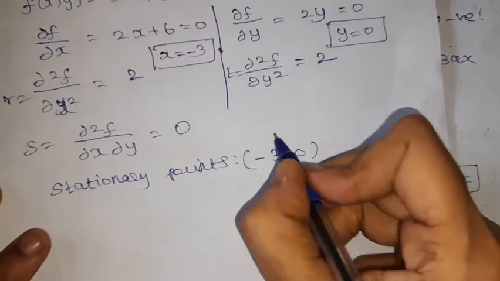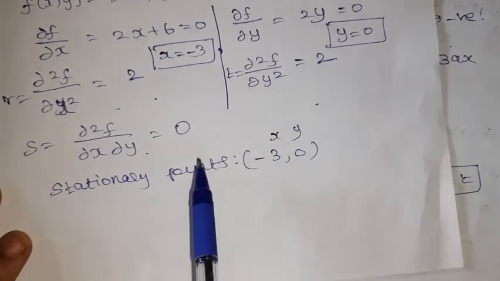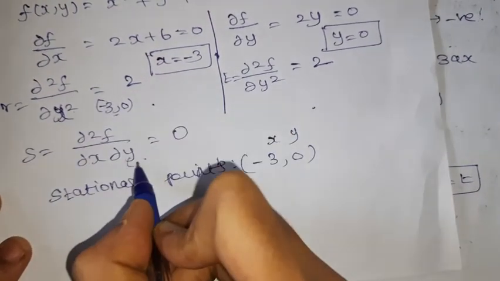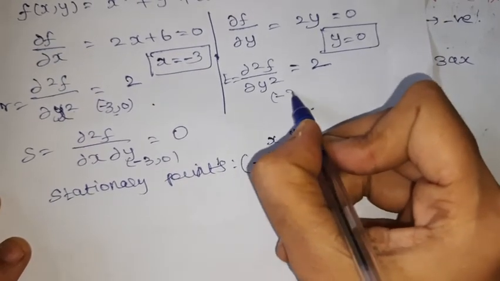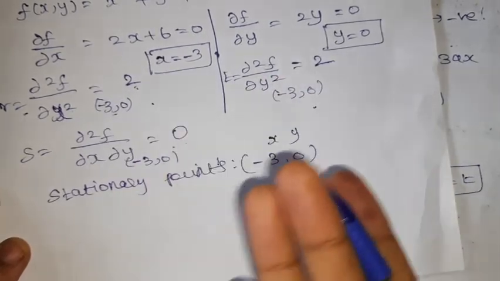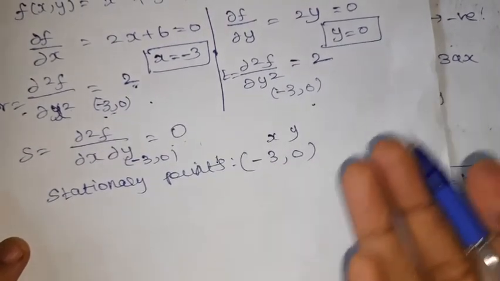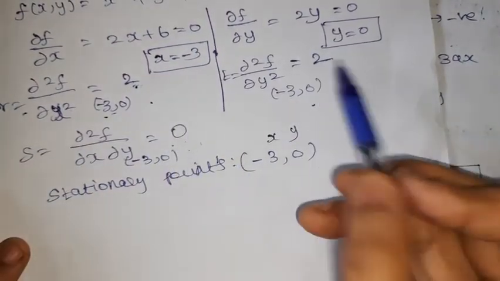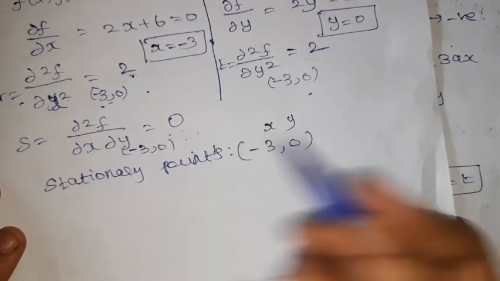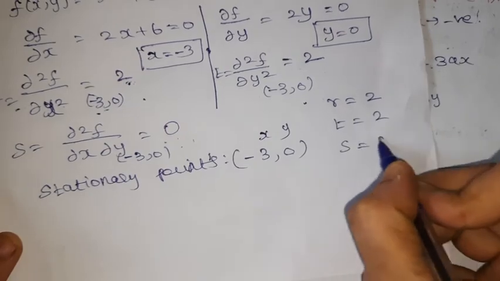Just substitute this x comma y in R, T and S squared. R at minus 3 comma 0, S at minus 3 comma 0 and T at minus 3 comma 0. See, all are constant values. If it were a function of x and y, we could substitute minus 3 comma 0 in it. But since all are constants, we get the same values of R, S and T at this point. What is the value of R? 2, T also 2 and S is 0.